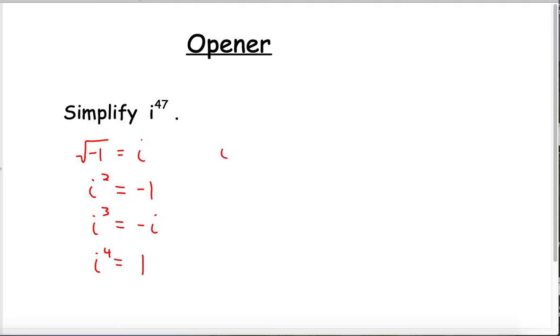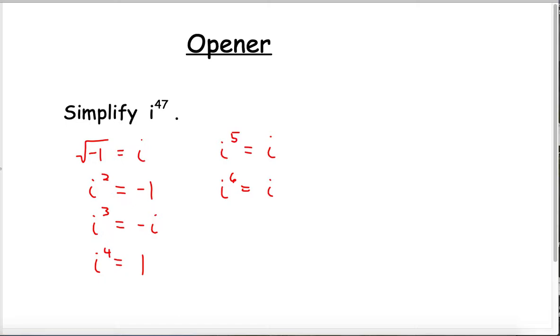So let's keep going. What if we did i to the 5th? Well, that's i to the 4th times i. And i to the 4th is 1, and so we have just i. So i to the 5th equals i. Now I'm starting to see a repeating pattern. How about i to the 6th? Well, you can think of it a couple of ways.